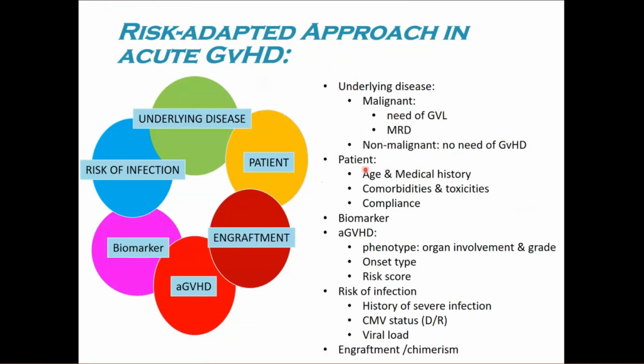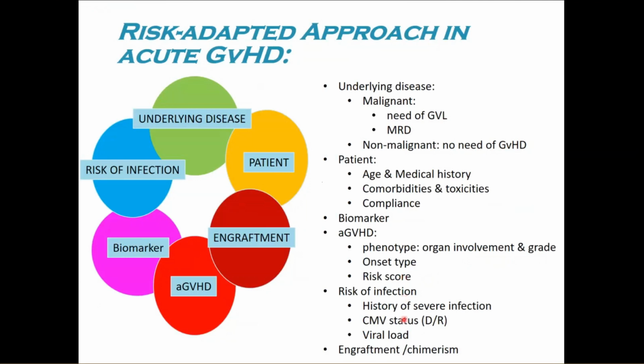Regarding the patient, the age and the medical history with comorbidities and toxicities have to be taken into account, and also the compliance of the individual patient. Further on, the biomarkers are an important point, and as outlined before, the phenotype of acute GVHD with the organ-specific involvement and grade, the onset type of acute GVHD, and the risk score.